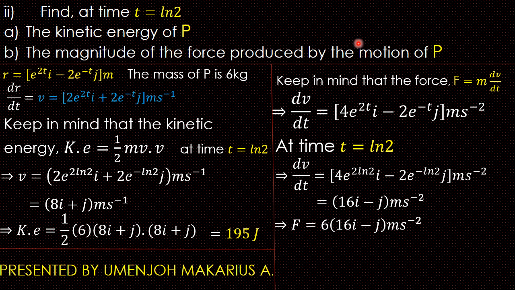But the question wanted the magnitude of the force produced, the magnitude. So we are simply going to take the square root of the sum of squares, guys. This is simply going to give us our magnitude of F to be the same as, we keep the 6 outside, since the magnitude of 6 is still 6, into the square root of, oops, guys, there's some error here. This is supposed to be 16, not 96. I'm sorry for that, guys.